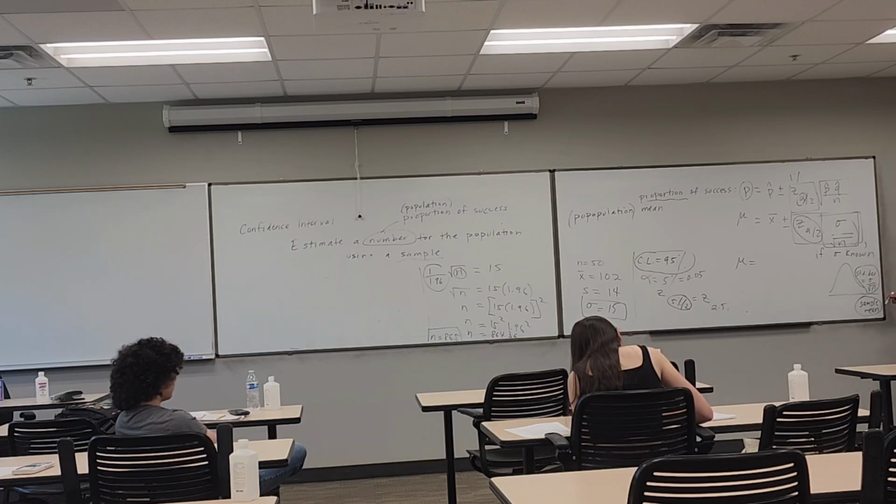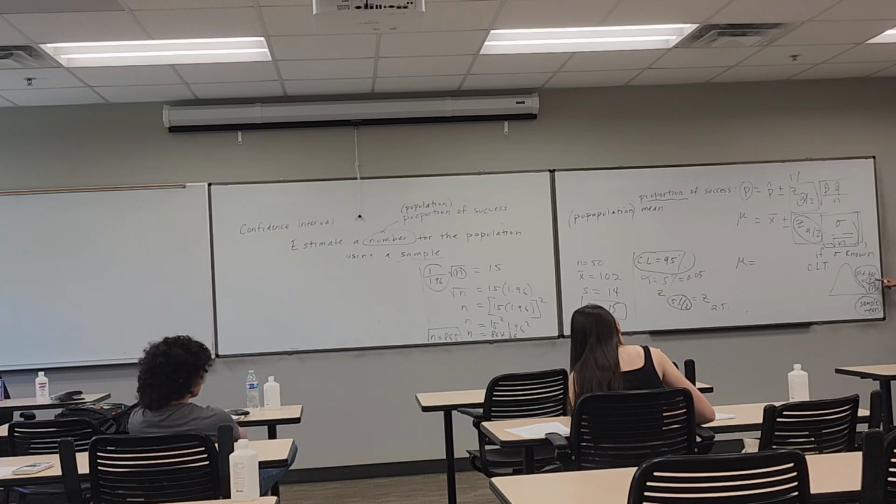So this was the central limit theorem that we talked about. And this central limit theorem relied on knowing this population standard deviation here in order to get the new standard deviation of this bell curve. But again, we said that this population standard deviation was not really that feasible to know.